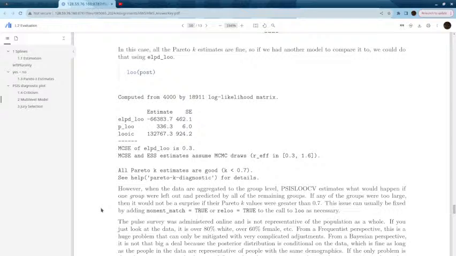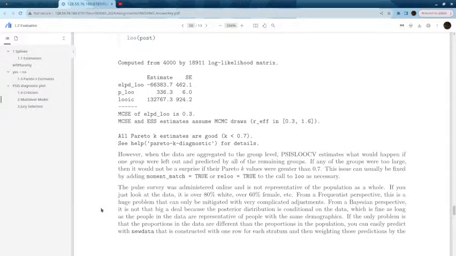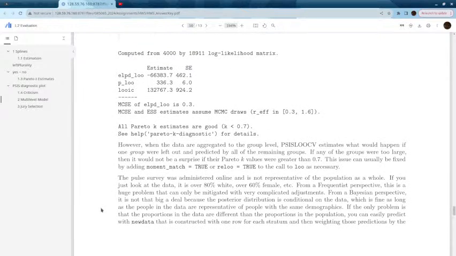If you make predictions on the basis of this model, which is conditional on the data in the sample, and you know in the population that it's supposed to be 50% men and 50% women, then you can make predictions with new data being every possible stratum that you have in the population, and then weight those predictions by the proportion that you know to be true from the census.